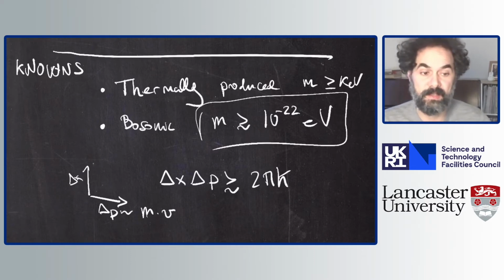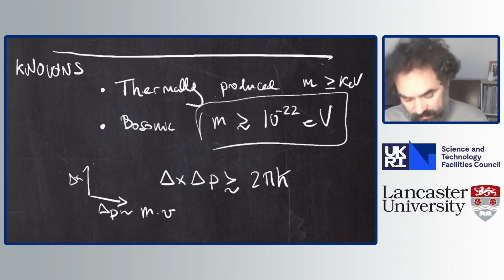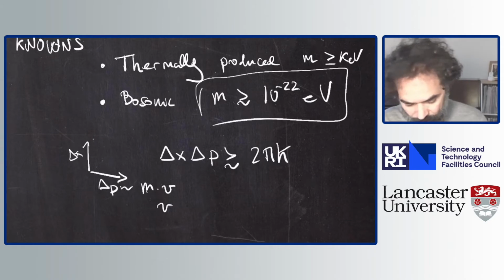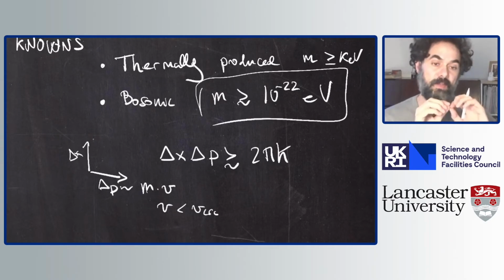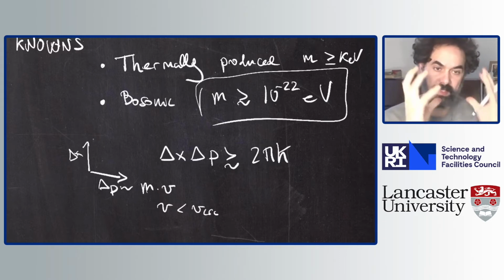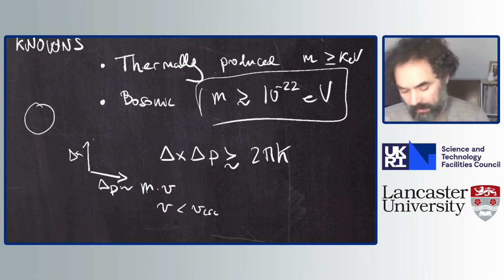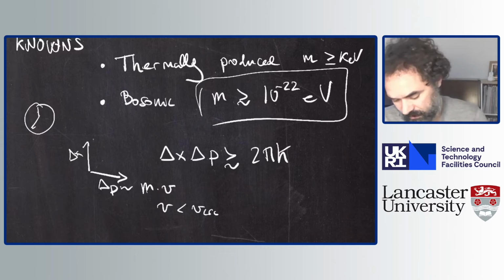Since the velocity of these galaxies cannot exceed what is called escape velocity, which is the velocity that would make this state leave the galaxy. So these states have to, remember, I'm thinking about a dark matter halo with a certain size and made out of particles.